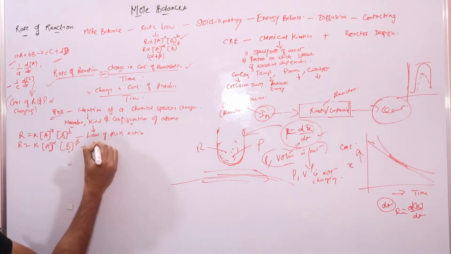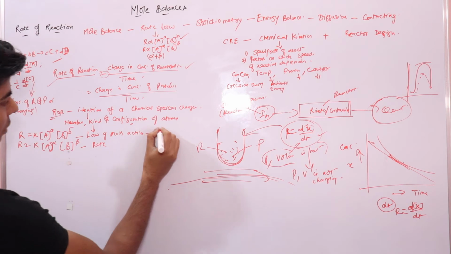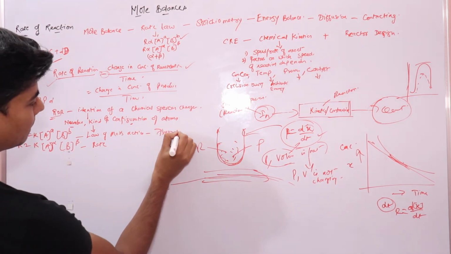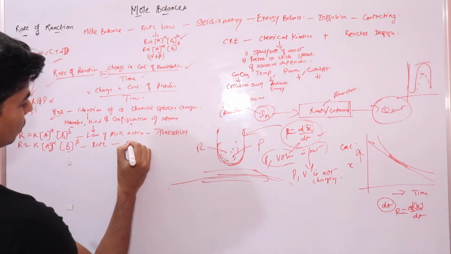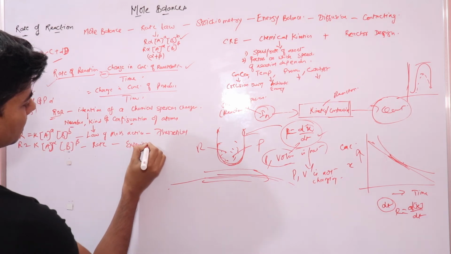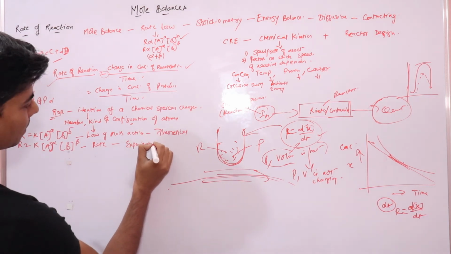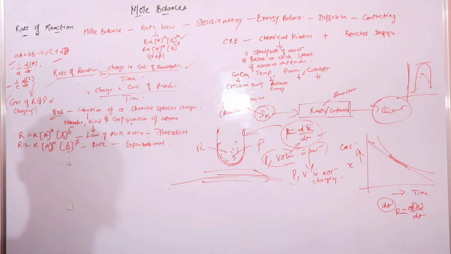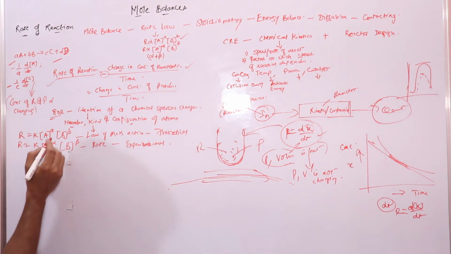This one is your theoretical and this is your experimental. What is the difference between these two?